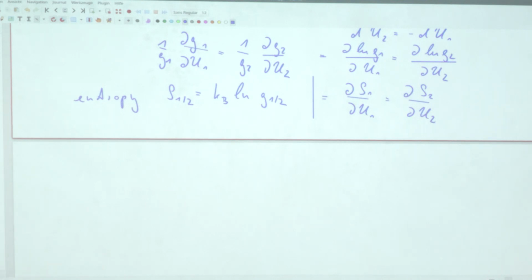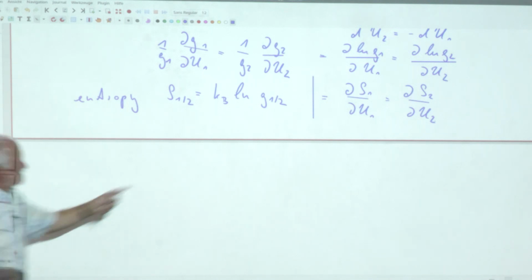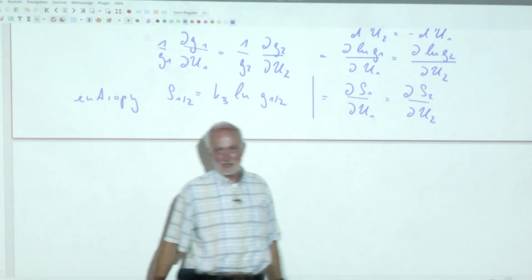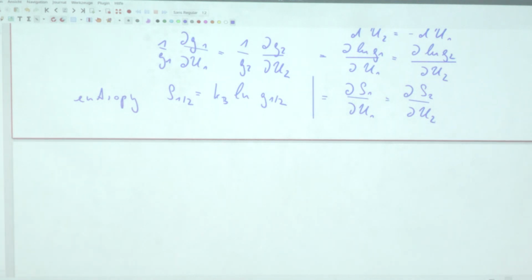And that's how we can introduce temperature. I said that introducing temperature is the most difficult part of thermodynamics lectures also. What we know from experience is that when we bring two systems in contact, temperature is equilibrated. So we can define the temperature just as this derivative, ds over du. And it's not a stupid definition, otherwise these clever people would not have taken it.